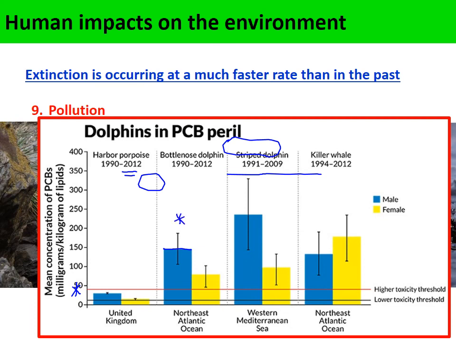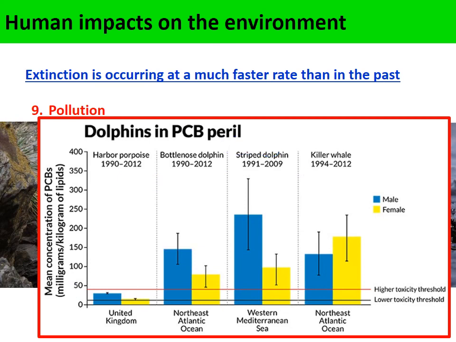So this is going to be highly toxic to these dolphins and might actually lead to their death. It's the same for the striped dolphin in the Western Mediterranean Sea. We can see, especially in males here, that the levels of PCBs in the cells and tissues of these dolphins far exceed the higher toxicity level.